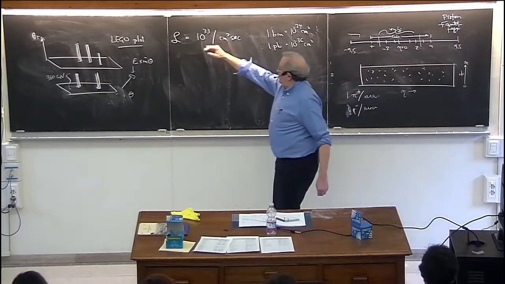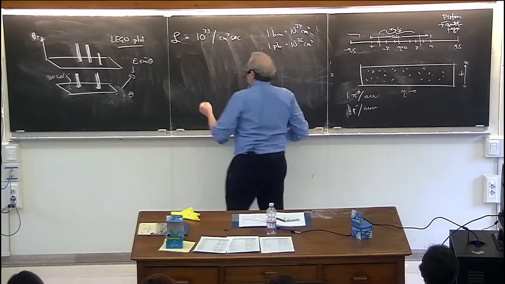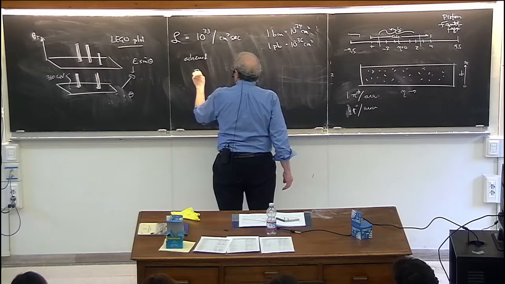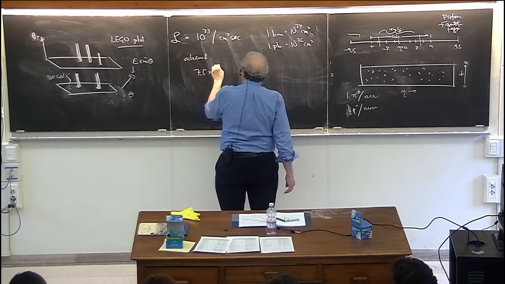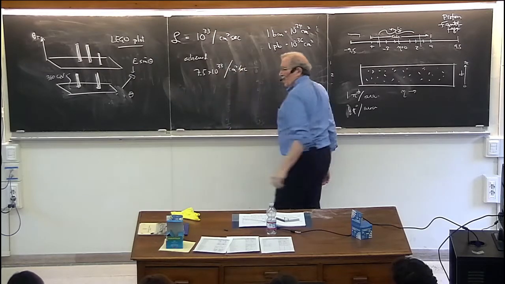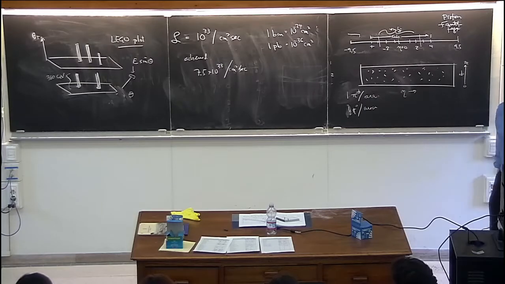So what I did was just to say, well, if this is the luminosity, what's the event rate? Maybe I should say that what was actually achieved at the LHC is something like 7.5 times 10 to the 33 per centimeter squared per second. So the event rates on this plot are conservative by about an order of magnitude.